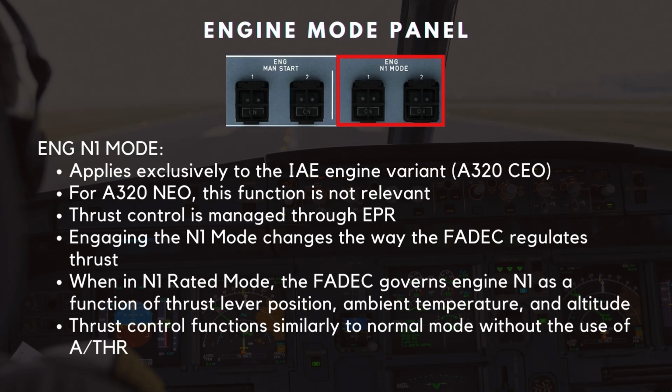However, engaging the N1 mode changes the way the FADEC regulates thrust. When the system is in N1 rated mode, the FADEC governs engine N1 as a function of thrust lever position, ambient temperature, and altitude, while ensuring that the engine does not exceed its operating limits. In this mode, thrust control functions similarly to normal mode without the use of auto thrust.